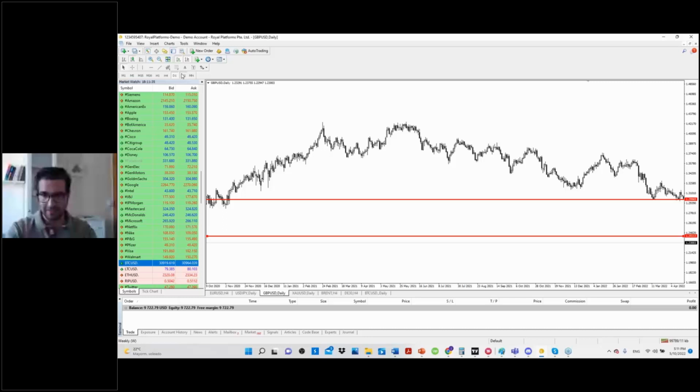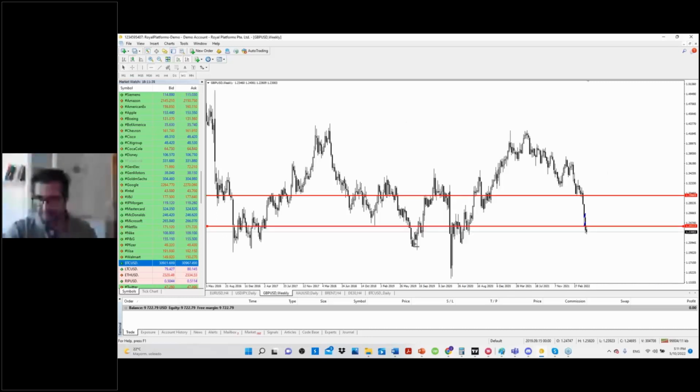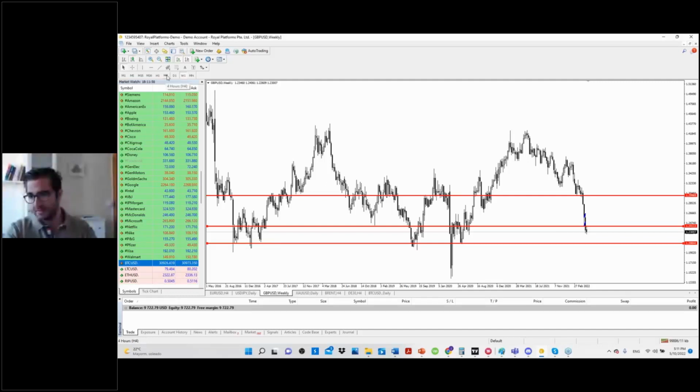Okay, I can put it higher a little bit. What I am doing is combining the previous lows, 1, 2, 3 here. So most probably, if the sellers continue to overwhelm the buyers, then the market could reach 120.64 easily in the coming days. So this is when it comes to the pound.